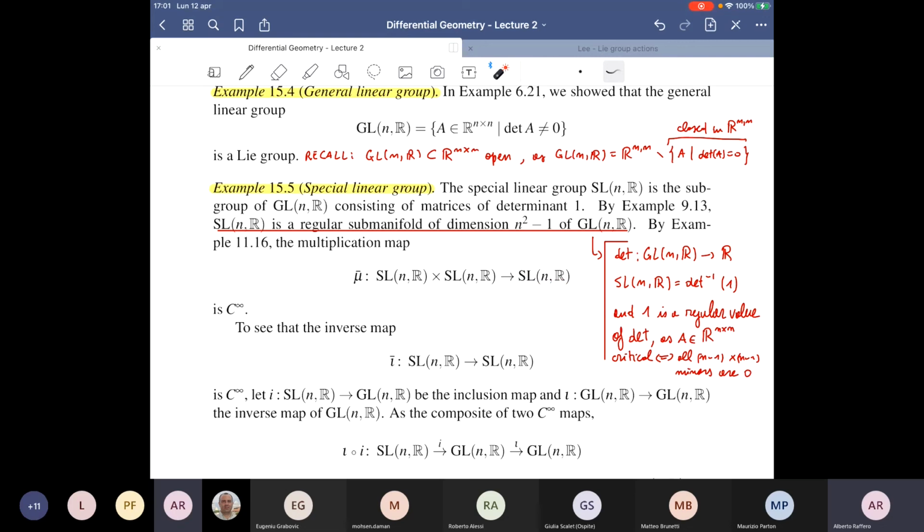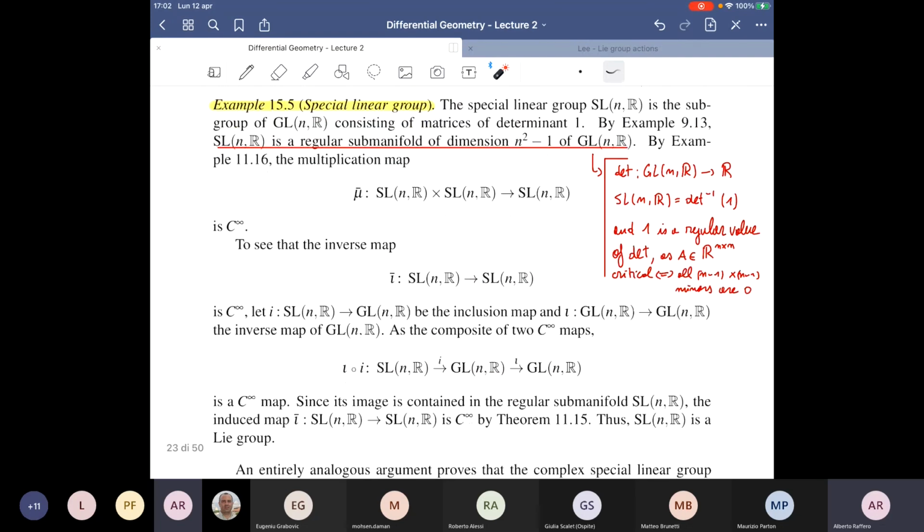And since the special linear group is a regular submanifold of GL_n, you can restrict the codomain of the usual multiplication map, going from SL_n(R) times SL_n(R) into GL_n(R), to get a smooth map with values here. The same holds also for the inverse map. You should have seen and discussed these results last time.